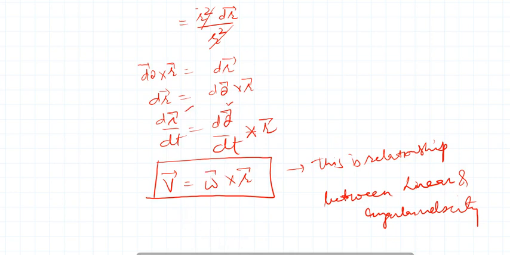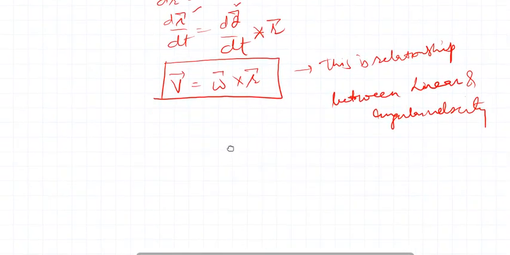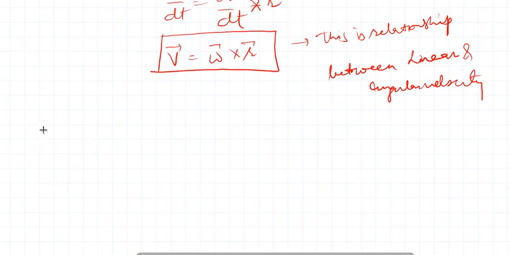Now let me define another very important quantity, that is angular acceleration.